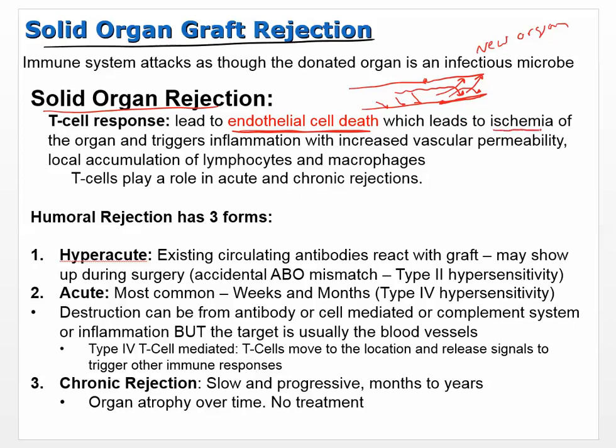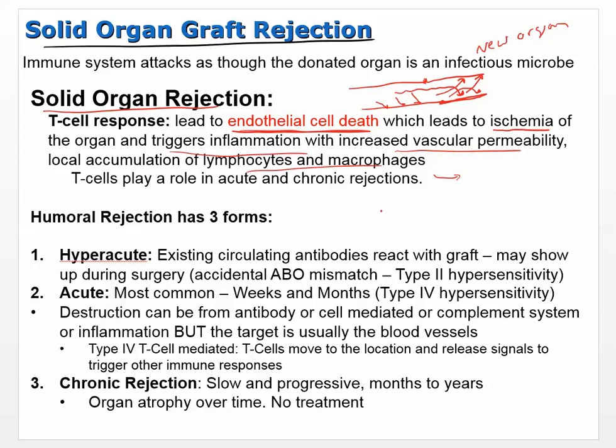If you destroy the blood vessels, you're not going to get those tissues oxygen or other nutrients. Ischemia of the organ triggers inflammation, which in the remaining tissues prior to necrosis increases vascular permeability and local accumulation of lymphocytes and macrophages, and ultimately it's going to kill those and wipe them out.